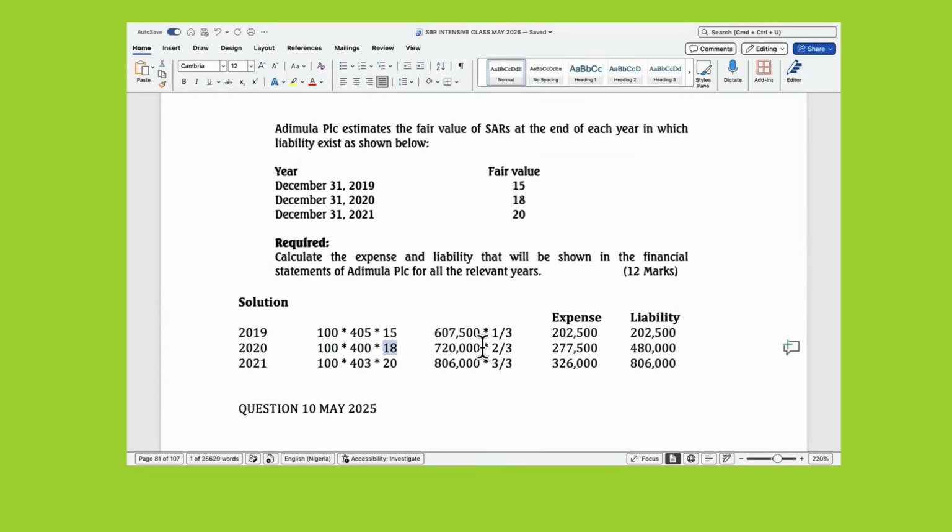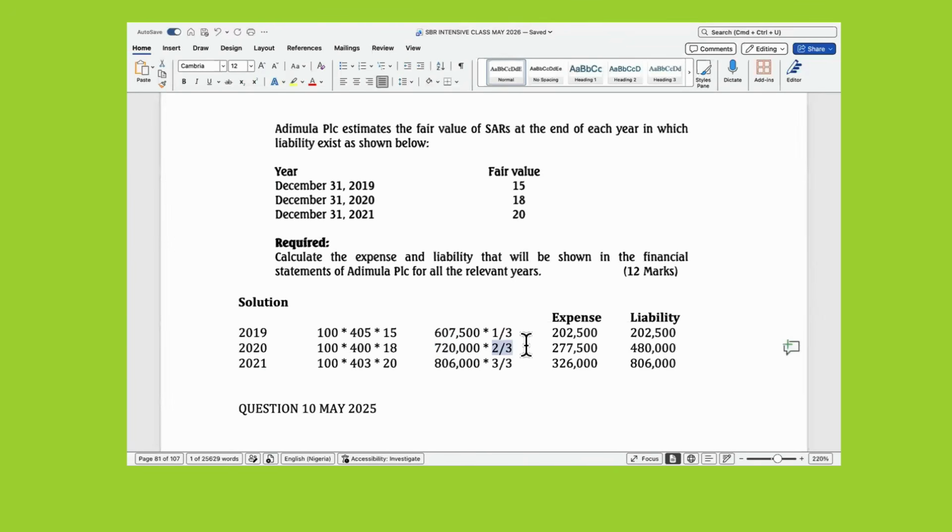So as at year 2, the total value of our liability is 720,000, maybe for the entire 3 years. But since the employees that we estimate will vest have only spent 2 years with us, we don't owe the entire 720,000 yet. We only owe 2/3 of it in year 2.